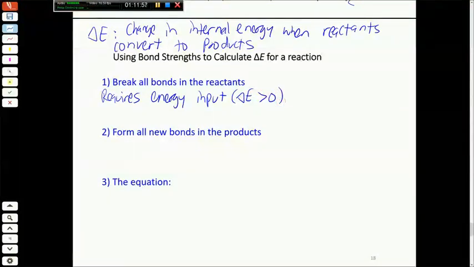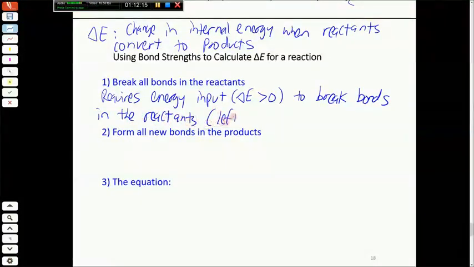As we said, breaking a bond always requires us to put energy in. So we have to do that to break the bonds on the reactant side, which when we're writing a chemical equation, is the left side of the equation.